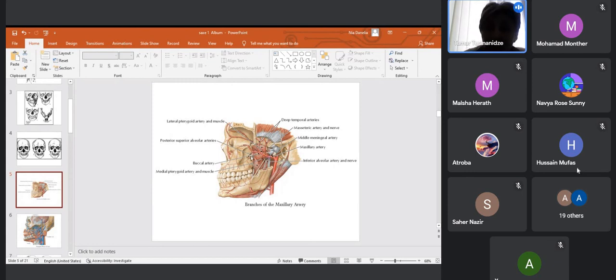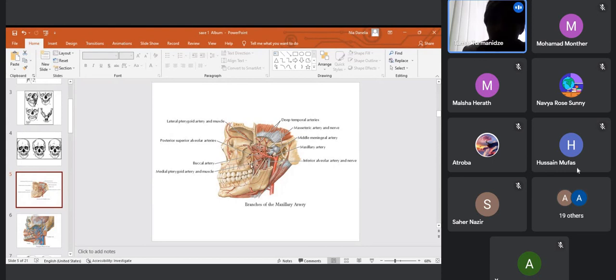Also, it gives off the buccal artery for the buccinator muscle, but this buccal artery also supplies the mucosa of the maxillary bone.